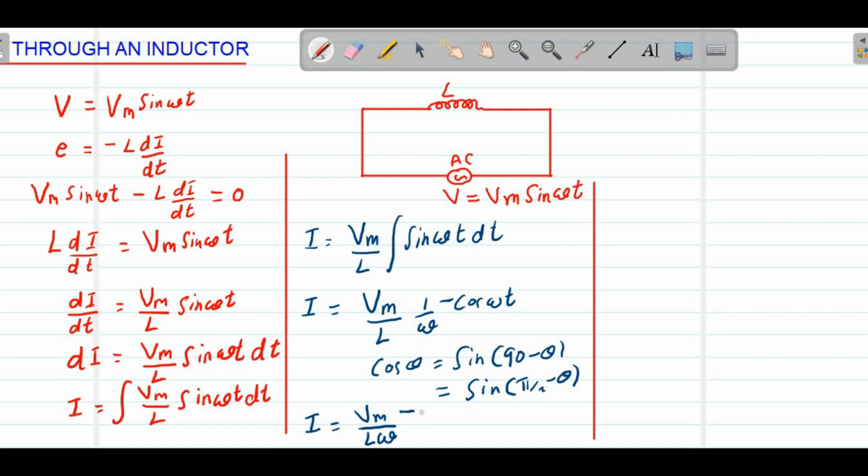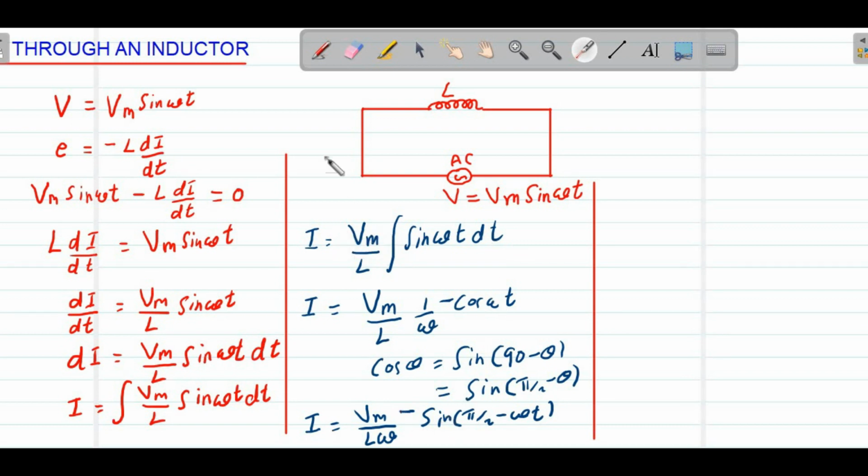There is a minus sign here, so minus into cos omega t I am writing as sin of pi by 2 minus omega t. Now when I multiply this minus sign inside, pi by 2 becomes negative, and minus into minus omega t becomes positive.